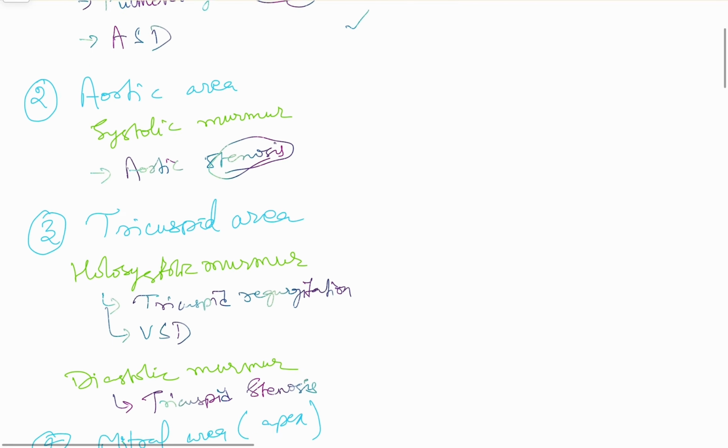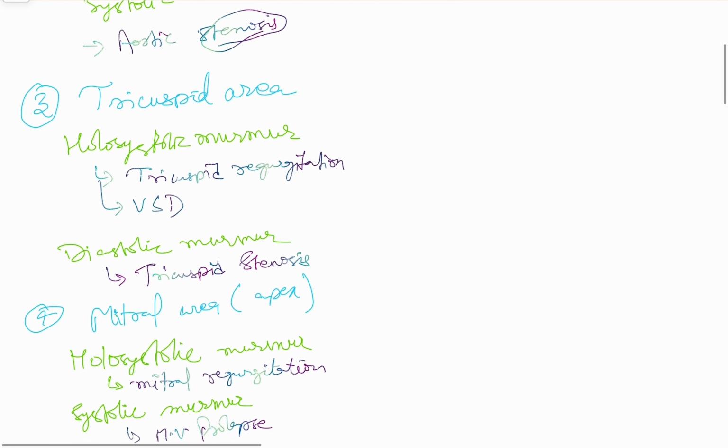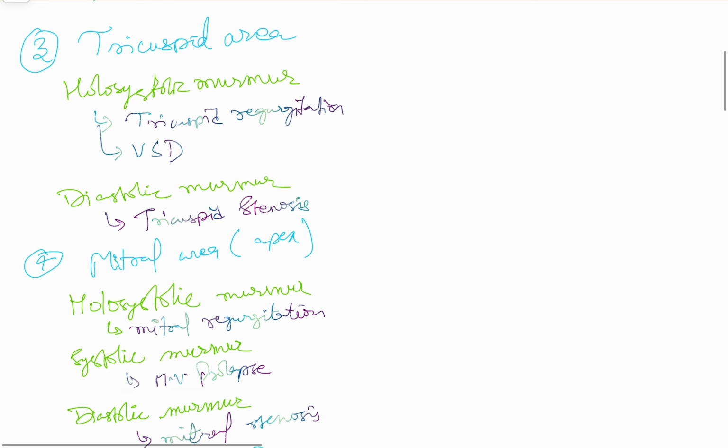Now, if we go on to the tricuspid area and mitral area, in the tricuspid area we can see the systolic murmurs of tricuspid regurgitation and VSD, whereas we will see tricuspid stenosis as a diastolic murmur.